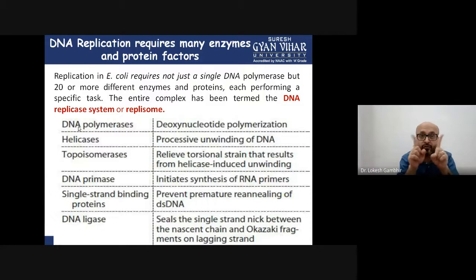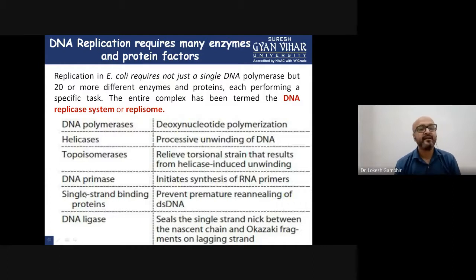If you don't do anything to them, they can renature again. So you should have a mechanism to stabilize the single strands so that they do not bind to each other again, and that function is performed by single strand binding proteins.